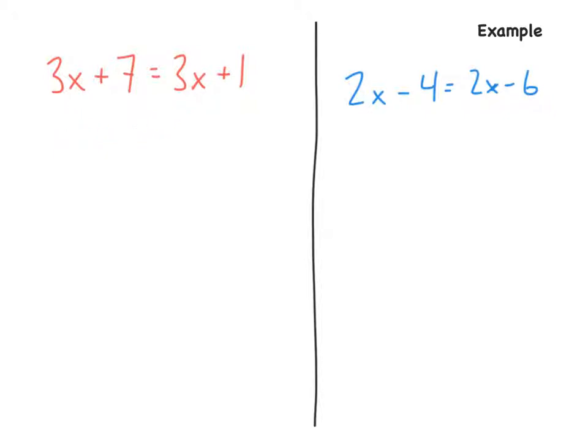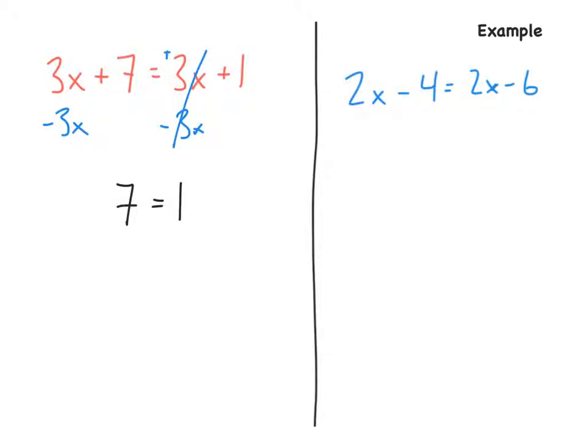Think of this as a positive 3x. So the opposite of a plus 3x is a minus 3x. So subtract 3x from the right side, you must subtract 3x from the left side. So 3x minus 3x is equal to 0. Those basically are canceling out, and all that we have left is 7 is equal to 1.